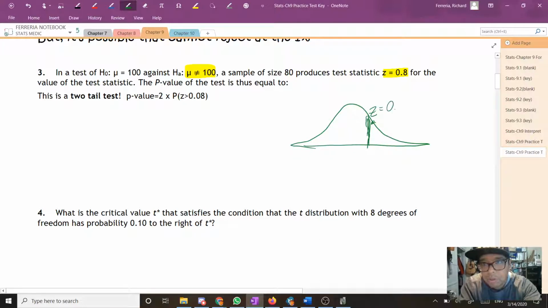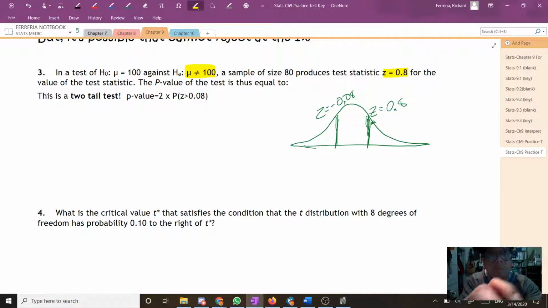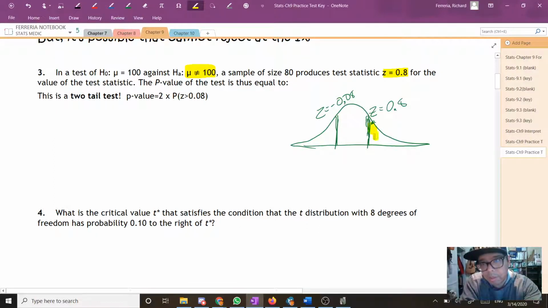Z equals 0.8. And then also here, this is z equals negative 0.8, which you normally wouldn't care about unless we're looking at a two-tailed test, which we are. So here's our p-value. We're going to calculate this right here. And notice that it does go to positive infinity.